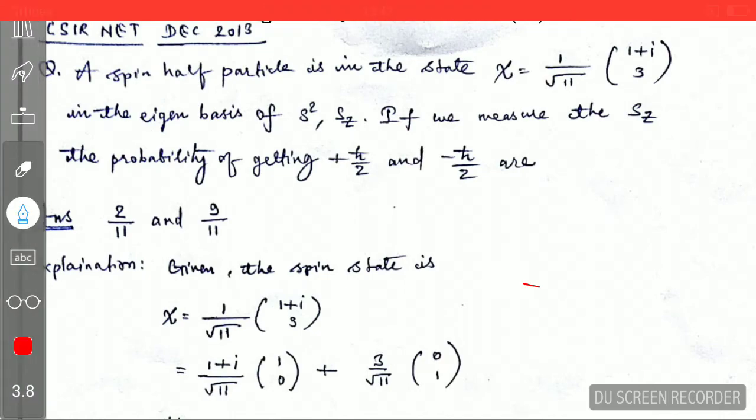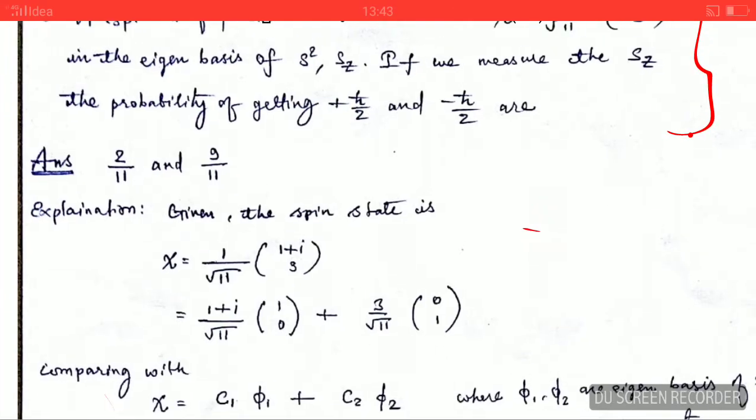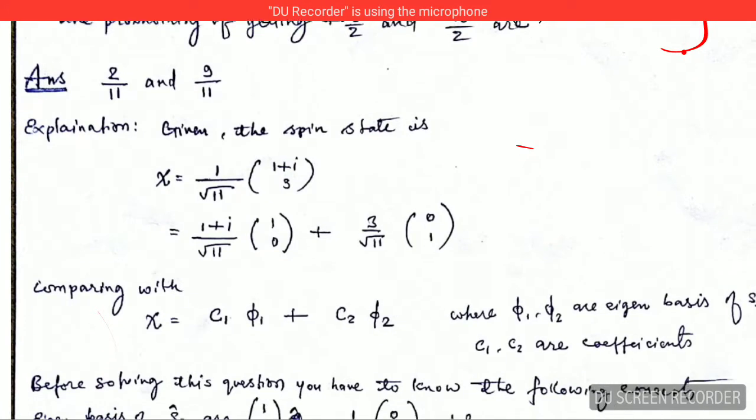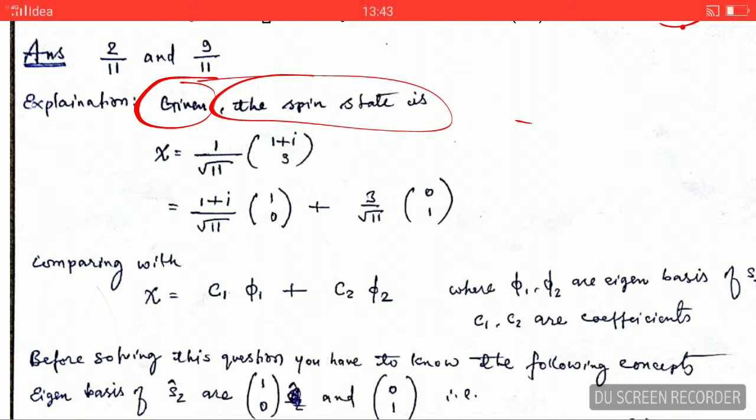In order to solve this question, let's see the solution, how we did it. It was given in the question, so they gave us the spin state here.